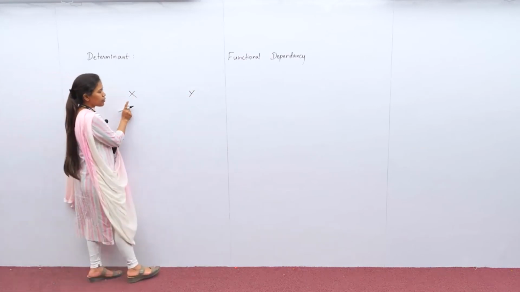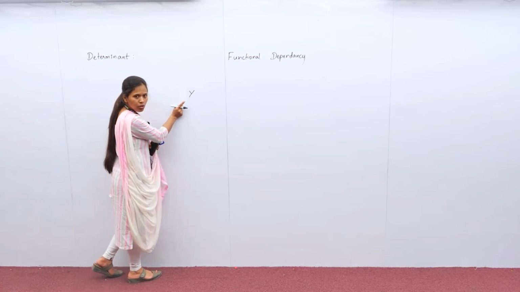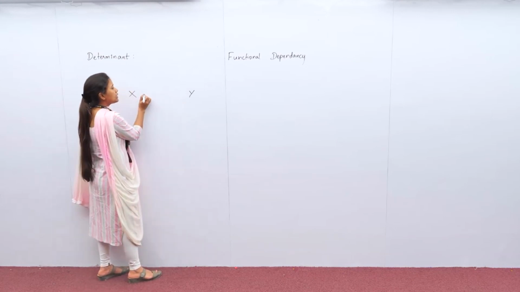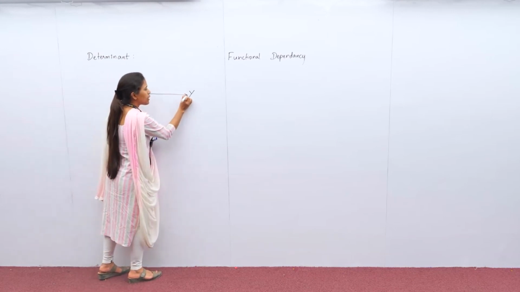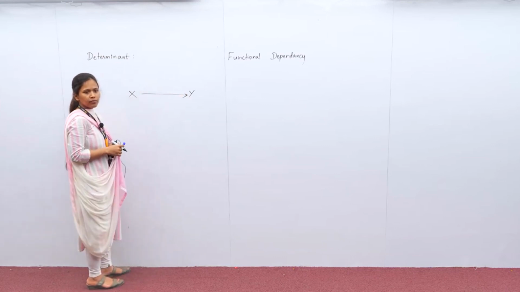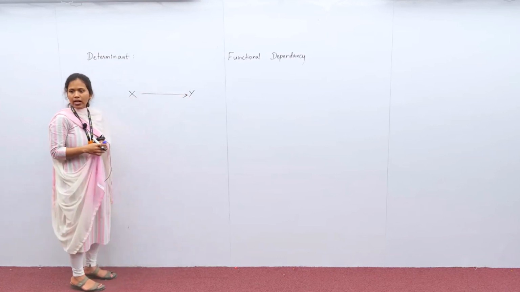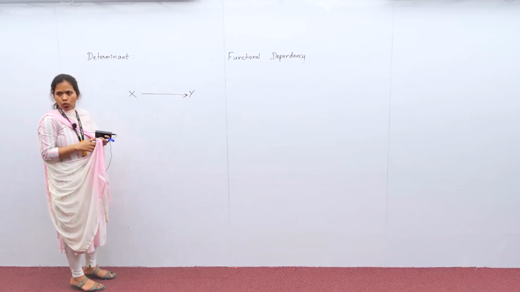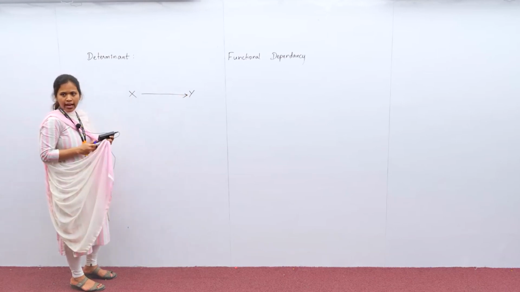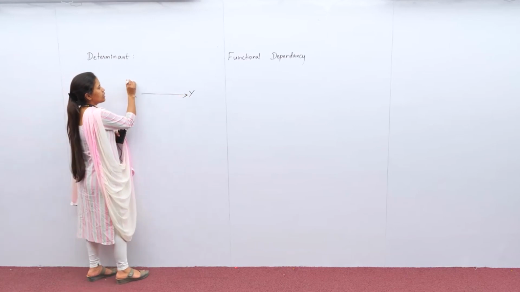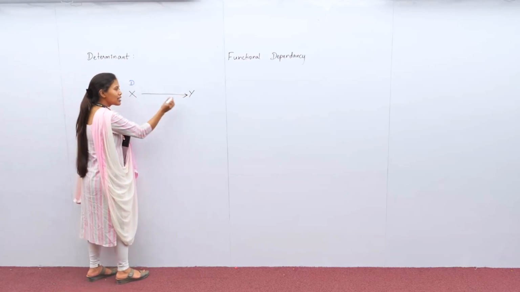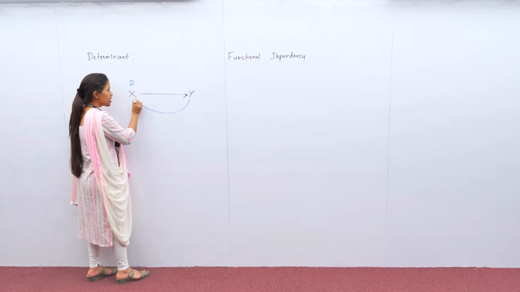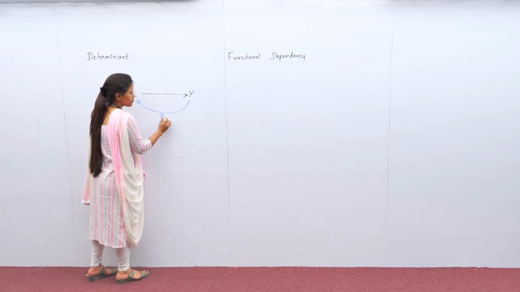So I have one attribute X, I have another attribute Y. I will say X will determine Y. So since X is determining Y, I am going to say that X is the determinant and Y is functionally dependent.